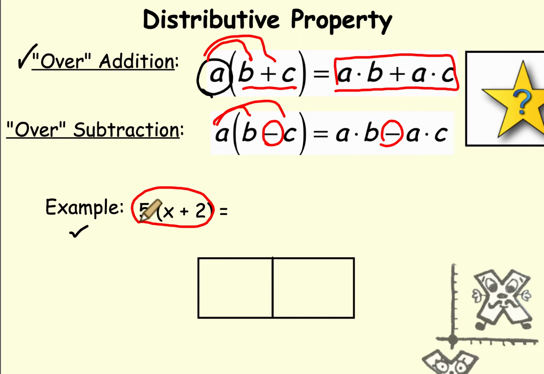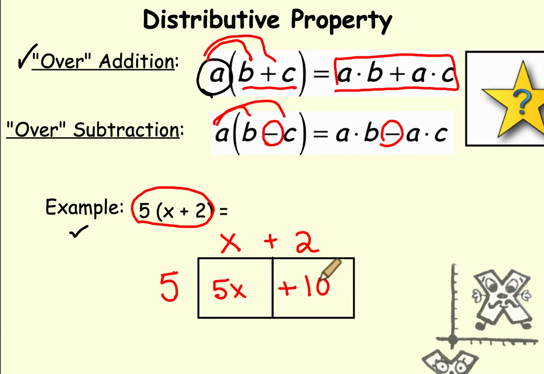I can look at this like a model, an area model specifically. The factor that I'm multiplying the expression by, x plus 2, I have to multiply the 5 times x, and I have to multiply the 5 times the positive 2, and 5 times 2 is 10.